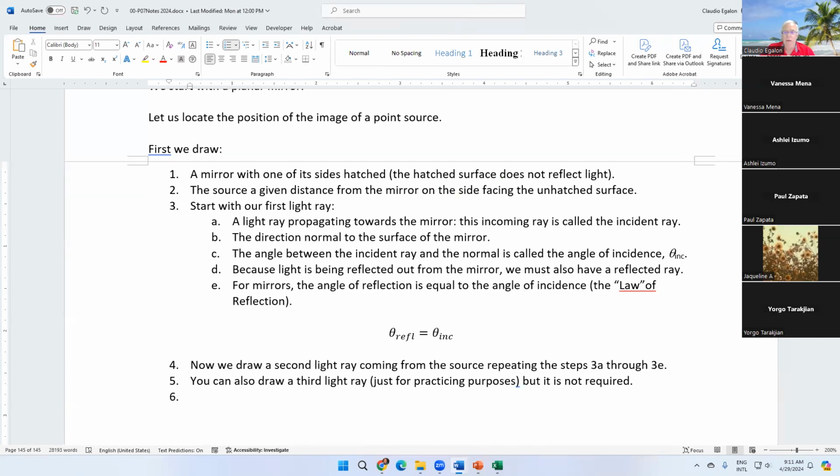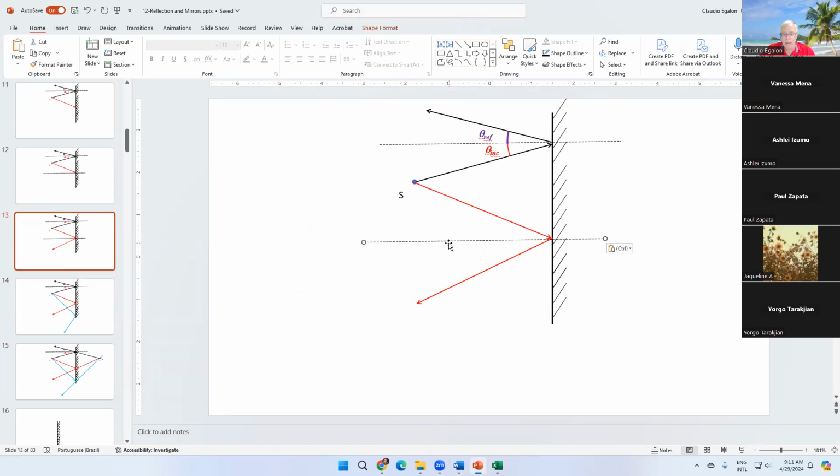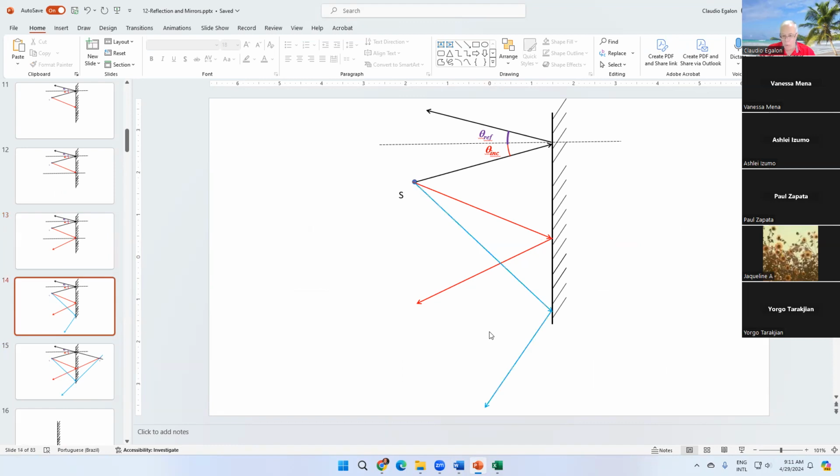That's what I did in my notes here. It's not required to solve the problem. The third light ray is the blue light ray that you see right in here. And in all three cases, the angle of incidence is equal to the angle of reflection.